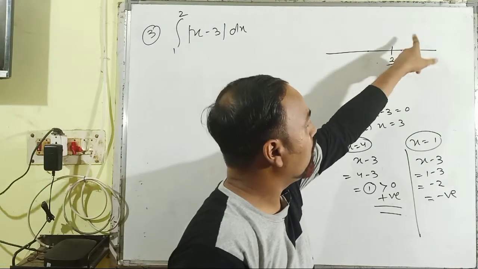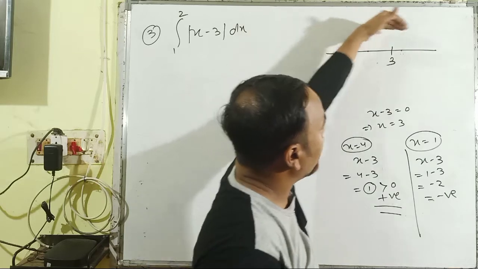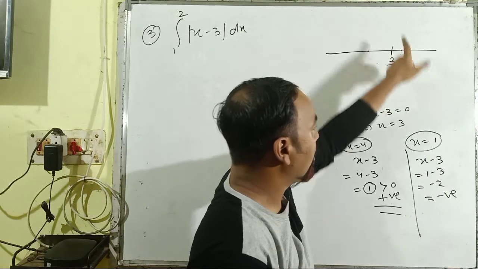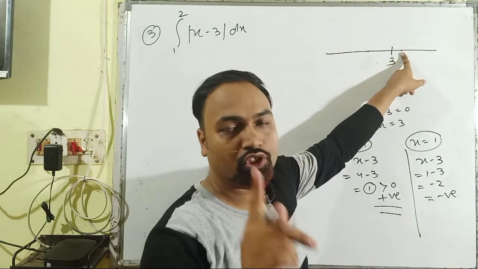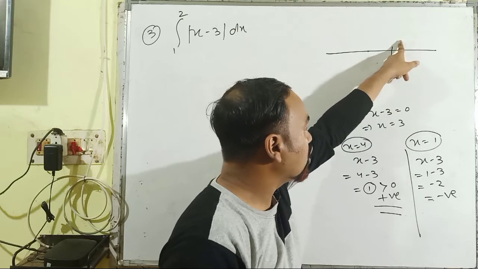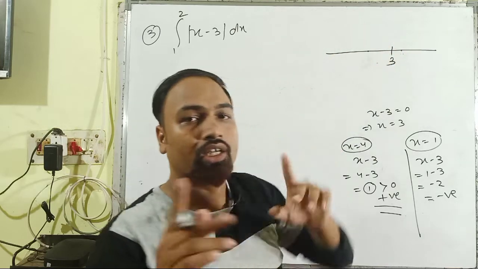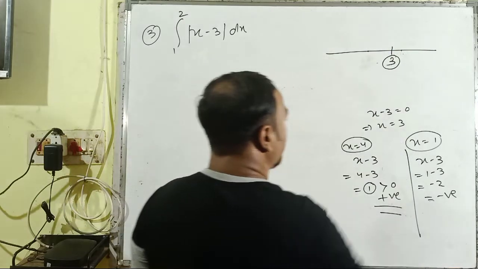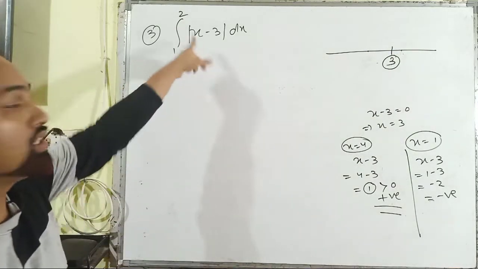From left to right, here we are getting negative value. Whenever we are crossing the point 3, we are getting positive value. Whenever we are getting the positive value on the right hand side, just crossing the point 3, we are getting a negative value on the left. So at this point 3, the behavior of this function is getting changed.